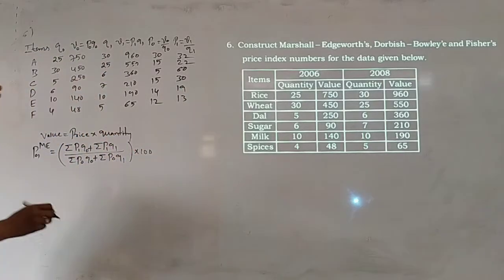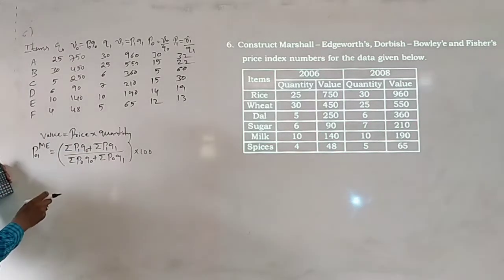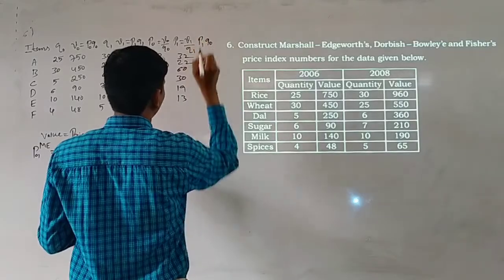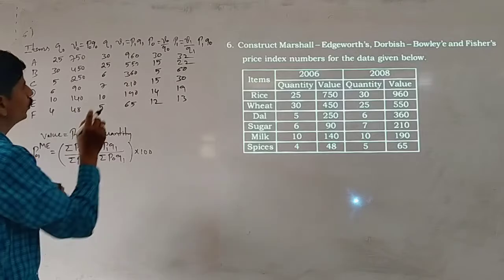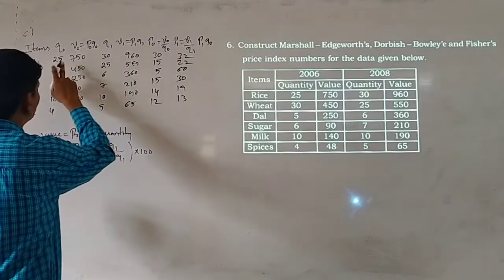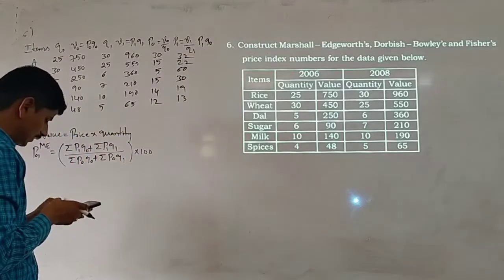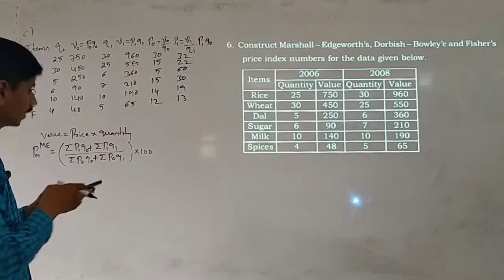The next, here you want P1 into Q0 value. Here you have to multiply P1 into Q0. P1 value is 32 and Q0 value is 25. Here 32 into 25 is 800.